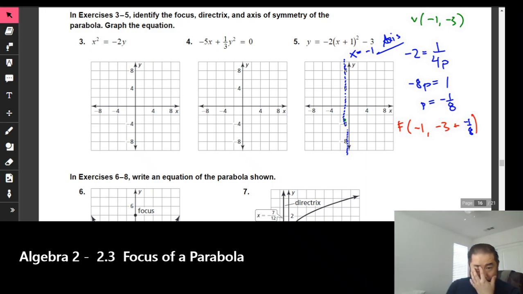All right, so you put all that together. Let's figure out your focus. Your focus is at -1, and we can put -3 and 1/8. So it's -3 and 1/8. It is a little bit further down. It's actually going to be hard to show, but it will be right there.